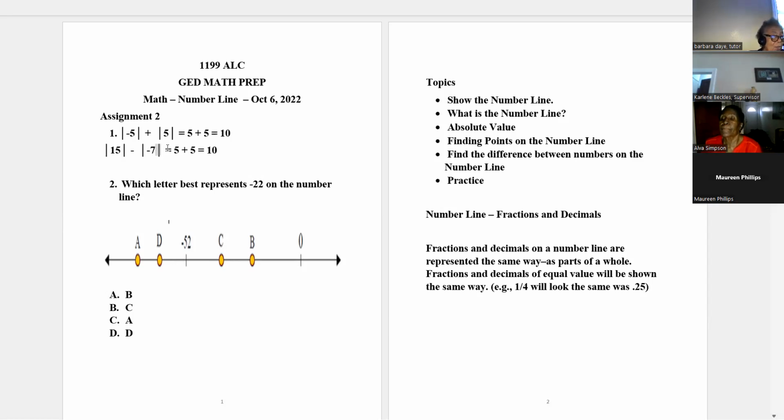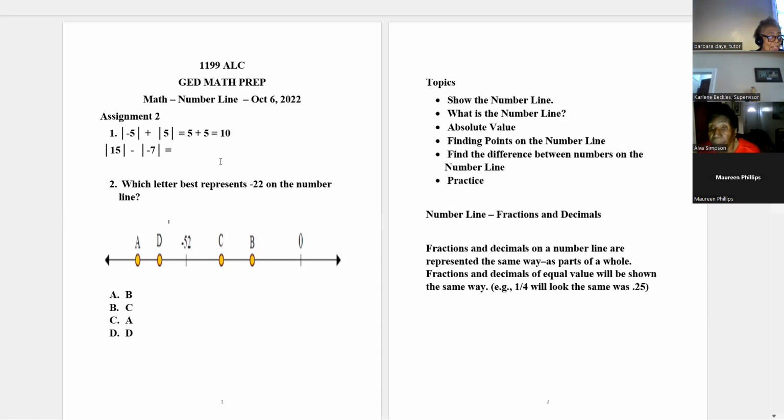What is that equal to, Alva? Absolute value of 15 minus the absolute value of -7. Okay, so it would be 8. 15 minus 7 is 8.